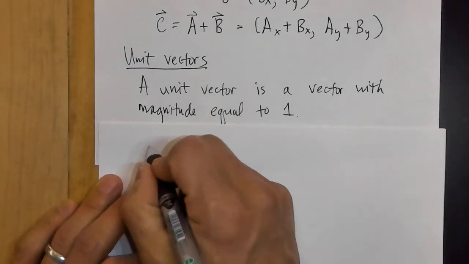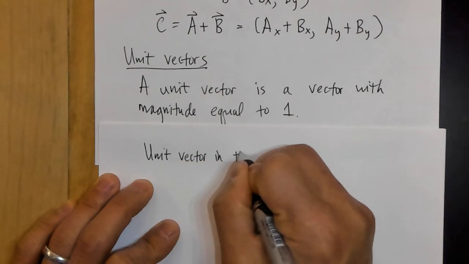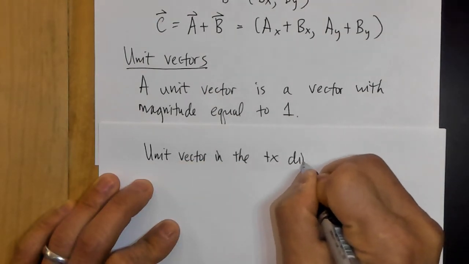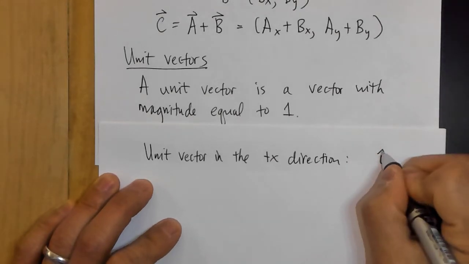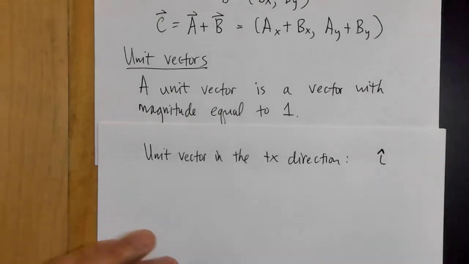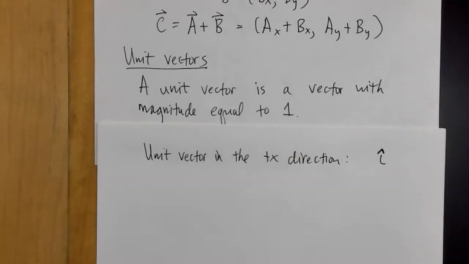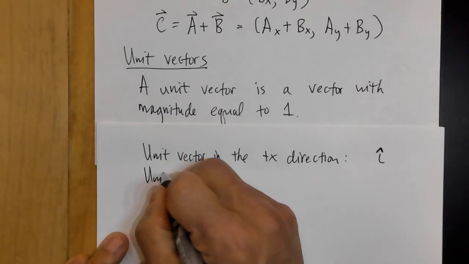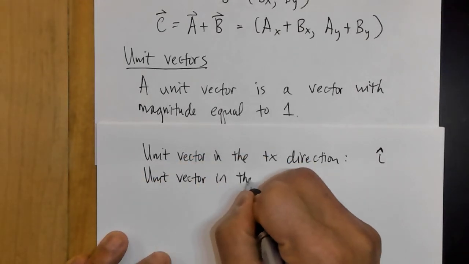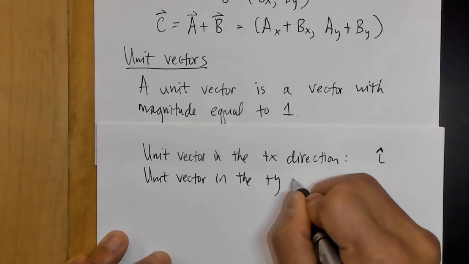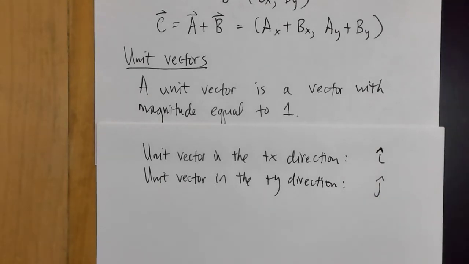But I'm going to focus on a couple special unit vectors here. Okay? So the unit vector in the plus x direction is called I with this caret hat to it. Okay, so it's just a convention. X goes with I. And the unit vector in the plus y direction is j hat.